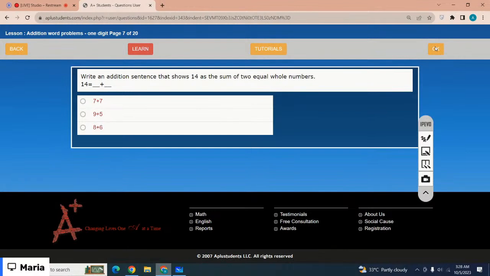Okay, the next one is: write an addition sentence that shows 14 as the sum of two equal whole numbers. So which option is the correct one?